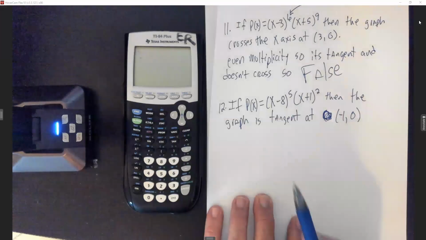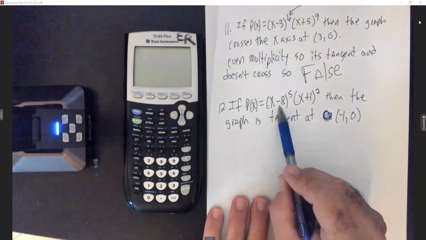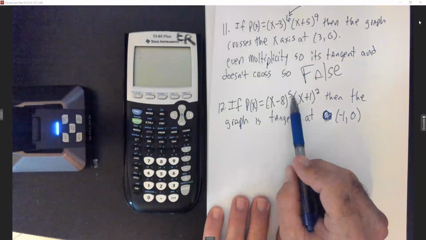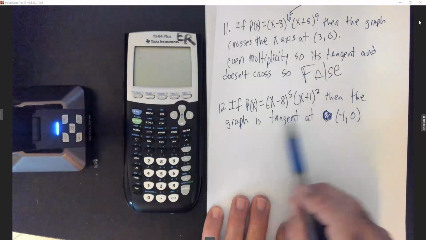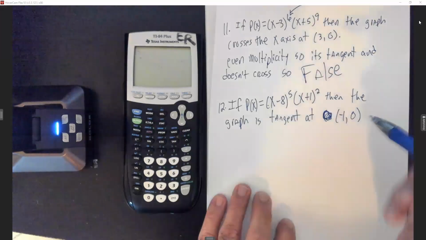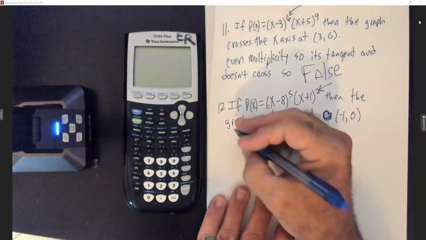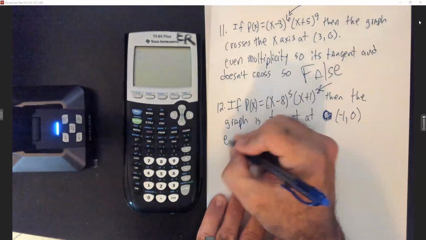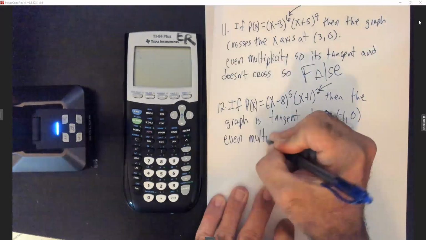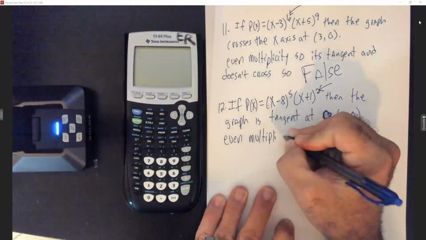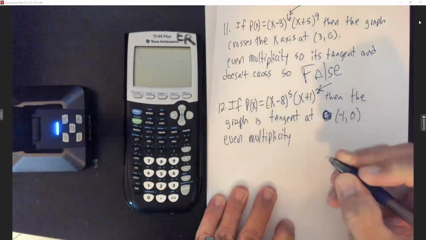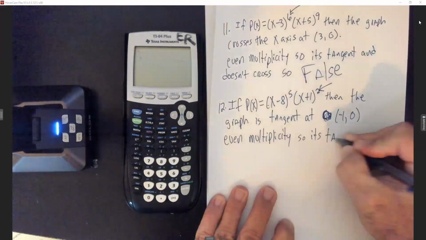We're looking at -1, which came from that factor. The multiplicity is even, so it is definitely tangent.